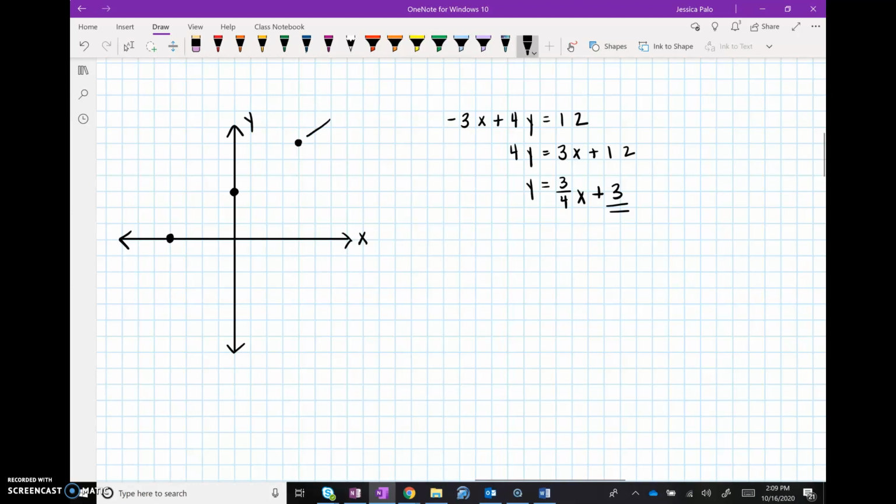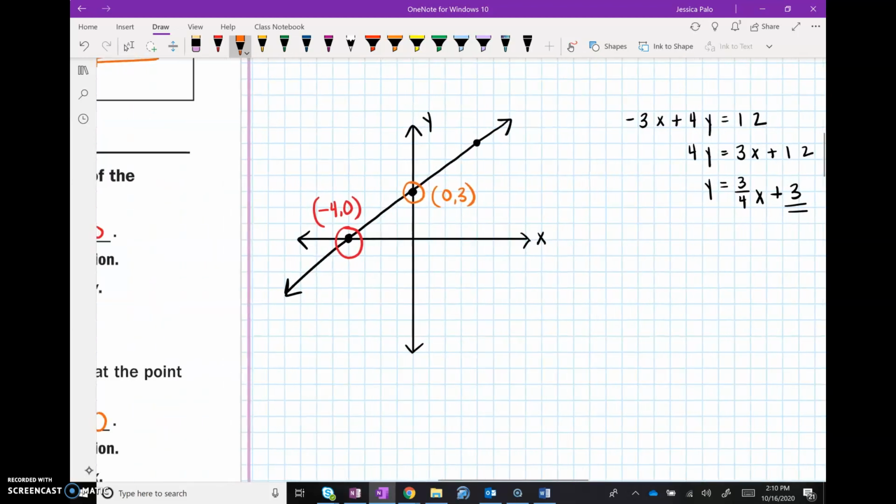So now I can draw the graph of this line, and I can identify now that this here is the x-intercept, which is negative 4, 0. And this coordinate here, the coordinate that's on the y-axis, is our y-intercept, which is 0, 3.